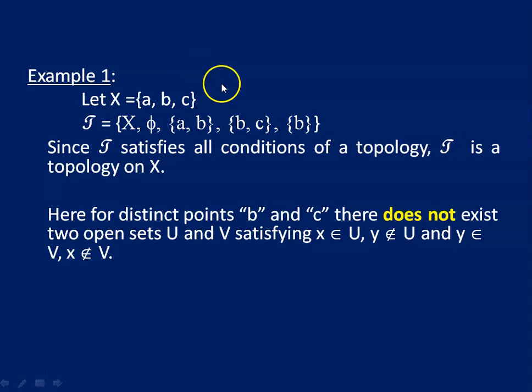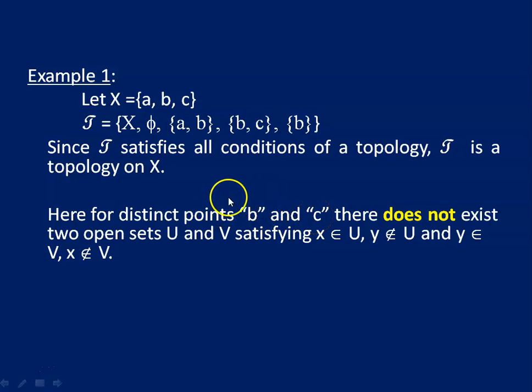Here, to show whether this topological space X is a T1 space or not, we have to pick any 2 points and show whether it satisfies the condition of a T1 space or not. Let us consider 2 distinct points b and c.